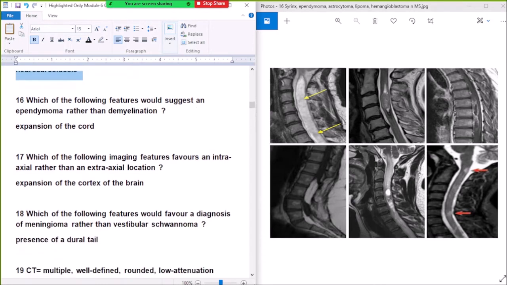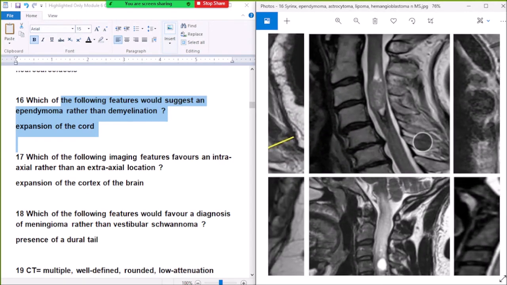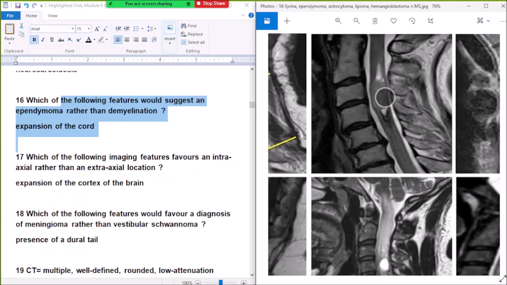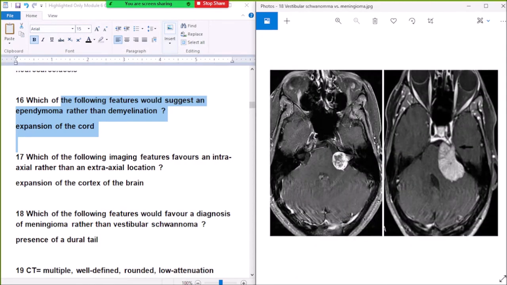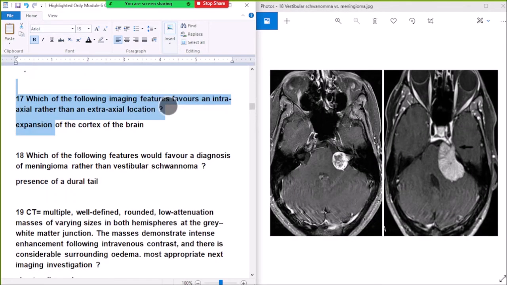Question number 16. Which of the following features would suggest an ependymoma rather than demyelination? Expansion of the cord. 17. Which of the following imaging features favors an intra-axial rather than extra-axial location?